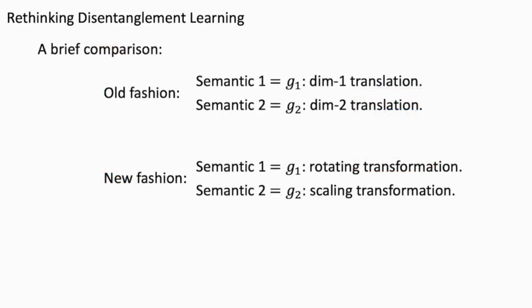Here we show a brief comparison between the old fashion of disentanglement and our new fashion. For the old one, the semantic changes are represented by both translations but along different latent directions. For the new one, the semantic changes are represented by different types of transformation.